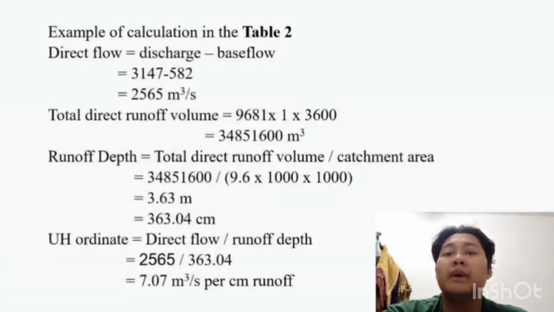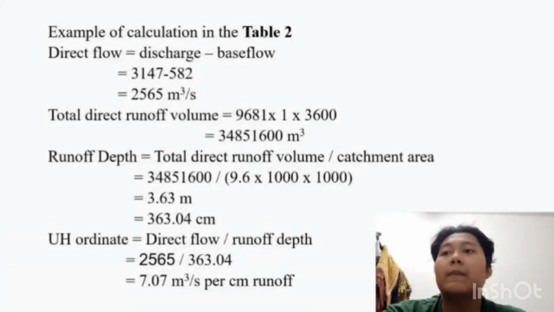We multiply by 1 and multiply by 3600, and we got 348,51600 meter cube. Okay, for the runoff depth, the formula is total direct runoff volume divided by catchment area.